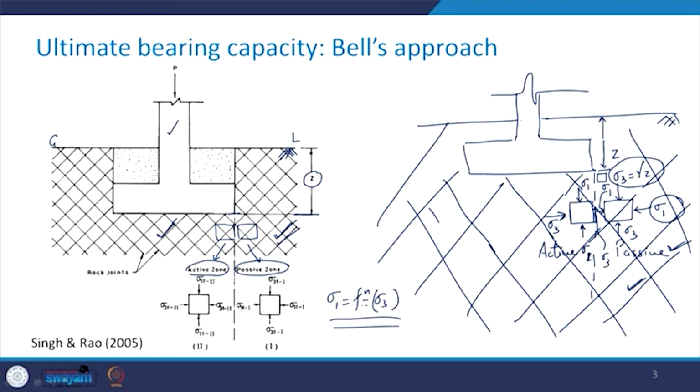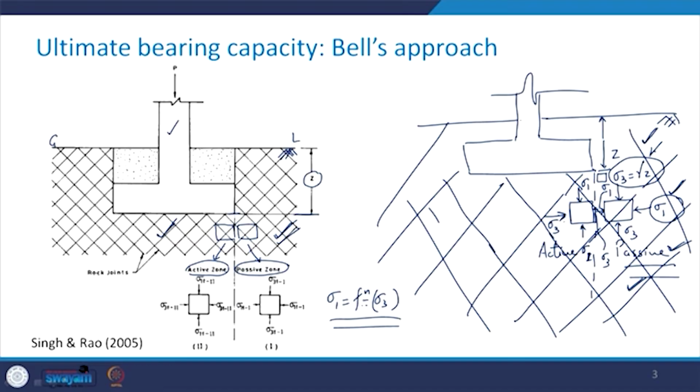What Bell's approach says is that sigma 1 of the passive zone becomes equal to sigma 3 of the active zone. Sigma 3 of the passive zone is known to me, so I can find out sigma 1 of the passive zone. This sigma 1 will become equal to sigma 3 of the active zone.